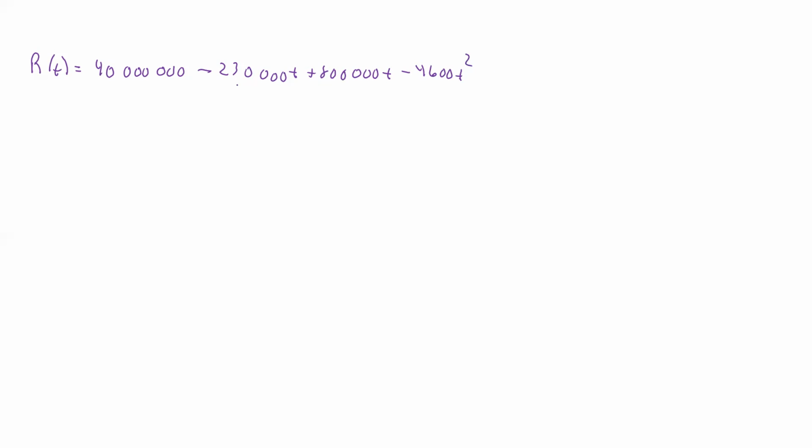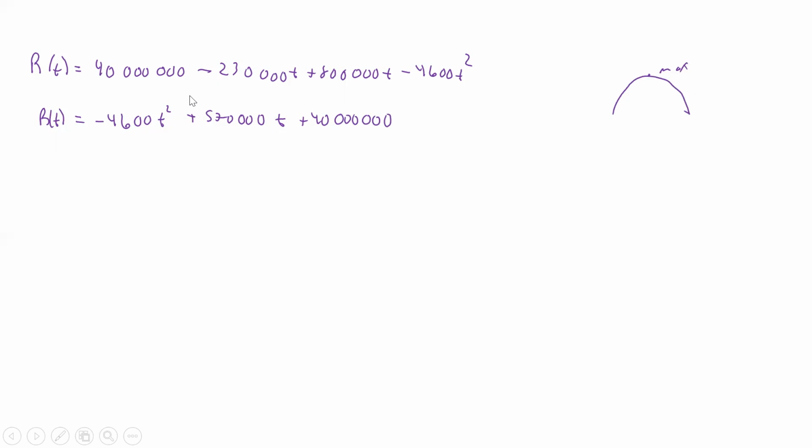Now we can add those together, and if we rewrite this in decreasing powers, it's minus 4,600t squared, plus 570,000t, plus 40,000,000. Now, this being a negative, we should have something like that, which is going to be a max. And is that what we want to do? Yes, we want to maximize revenue.